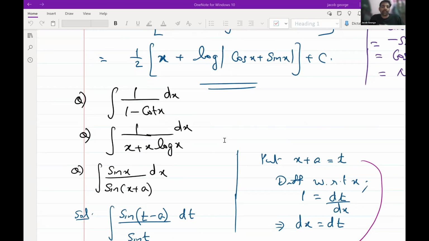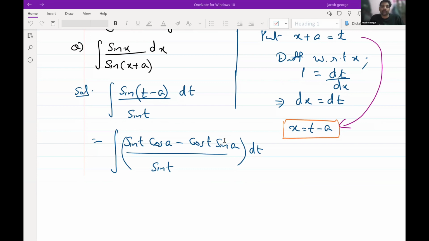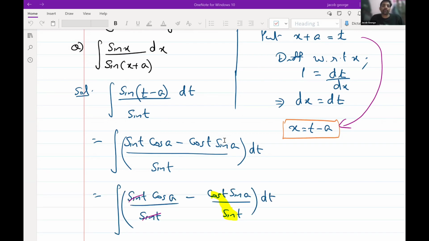Then these other questions are all the same. Next, this one: sin x by sin x plus a dx. This type of question, we put x plus a equal to t. The derivative of x is 1 and the derivative of a is 0, so dt by dx is 1, or dx is dt, and x is t minus a. So we get integral sin of t minus a upon sin t dt. Now sin of a minus b is sin a cos b minus cos a sin b.